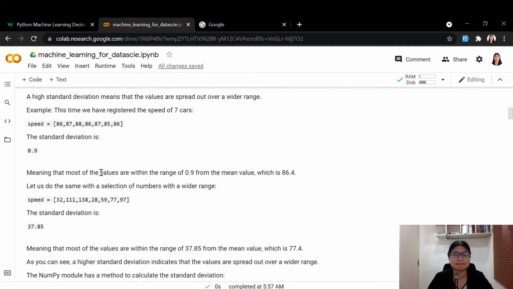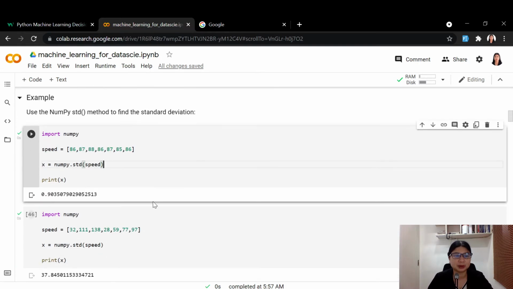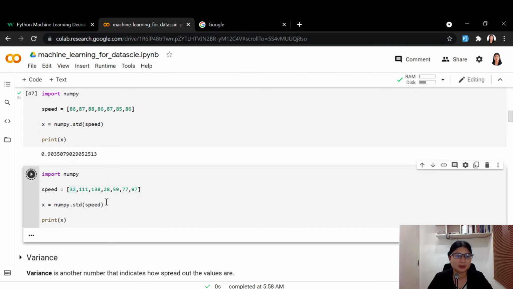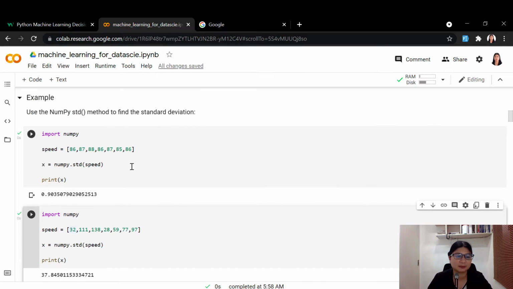Okay? So, in this example, we have the speed of 0.9. And this one, we also have the speed of 37.8, just like sa example naton.